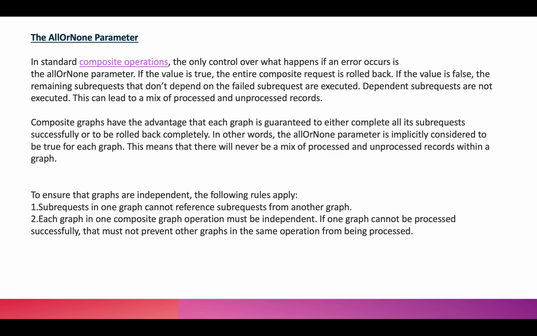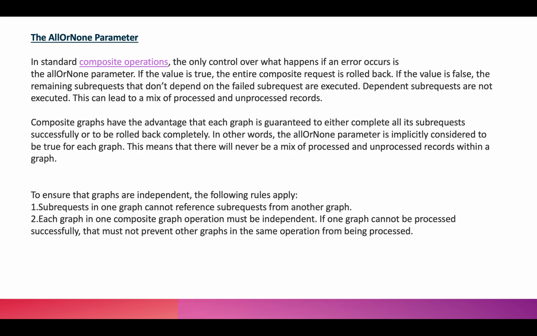If the previous output is faulty or erroneous, it will impact the other sub request as well. So if you want independence, we should not reference sub requests from another graph.